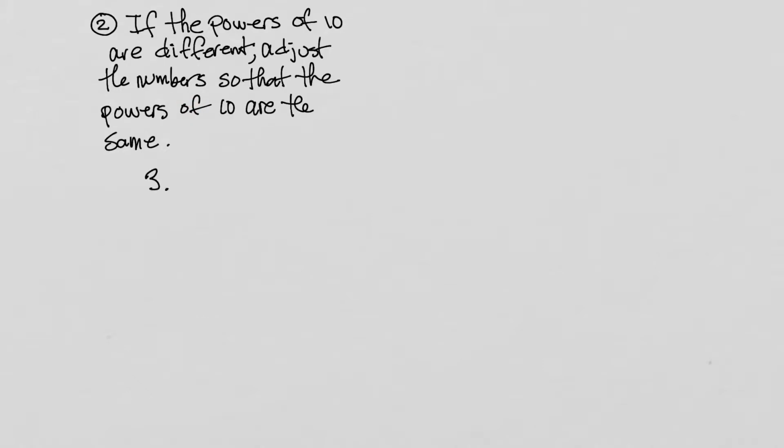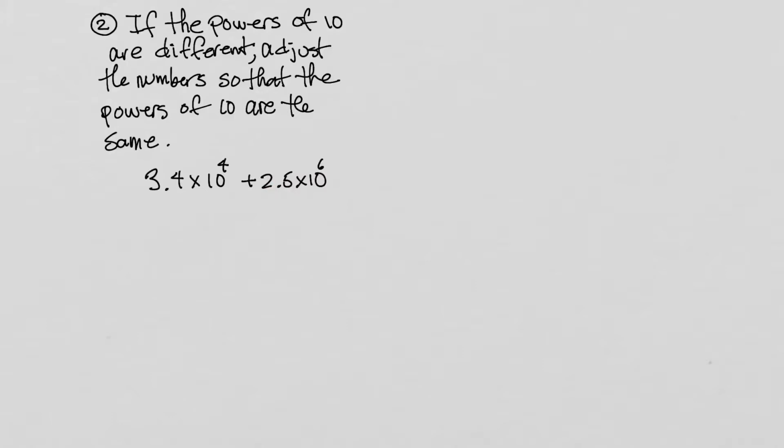Suppose we have 3.4 times 10 to the 4th, and we're going to add to that 2.5 times 10 to the 6th, so these two powers of 10 are different. The way I usually do these problems is I take the higher exponent down to the lower exponent. So I'll make this a 4, then both of them are 4s, and we can just add the corresponding decimal parts.